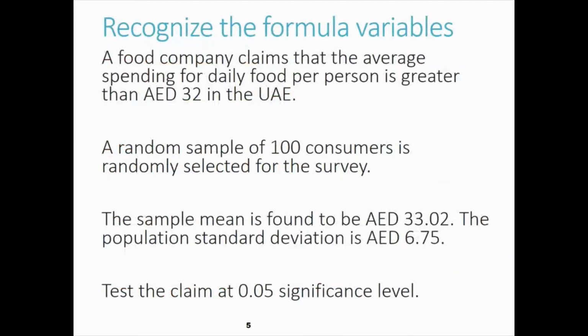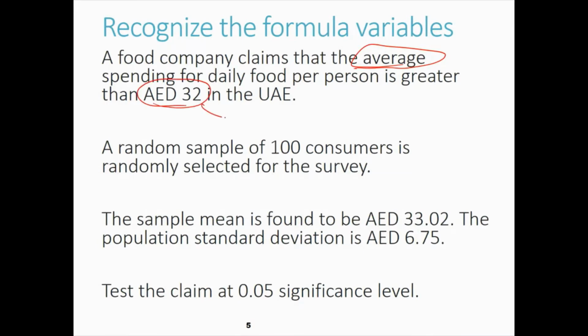So I will give you the same exercise, but with 2 different wordings, in hopes that you can figure out when they're giving you sigma, the population standard deviation, or the sample standard deviation, and how to recognize all the variables. So let's see. A food company claims that the average spending for daily food per person is greater than 32 dirhams in the UAE. So this is the average, a mean for everybody in the UAE.